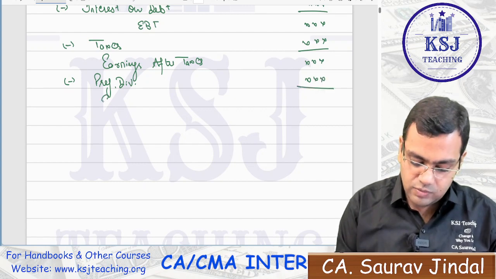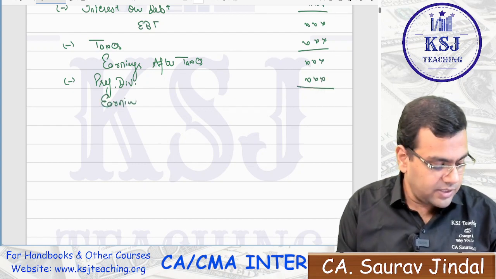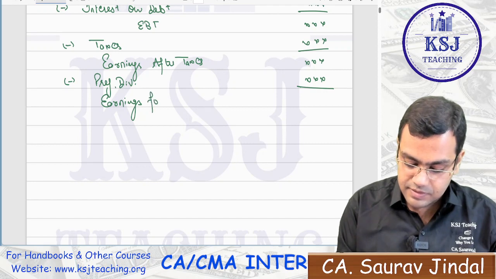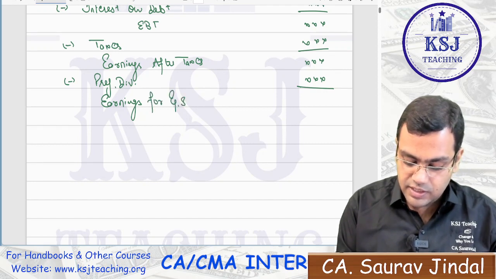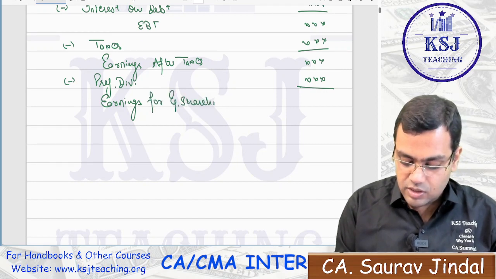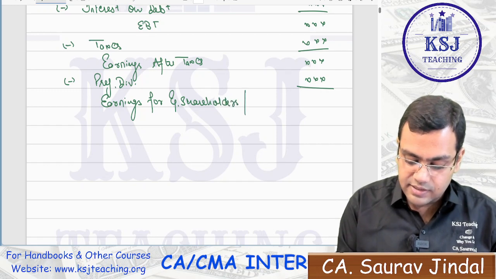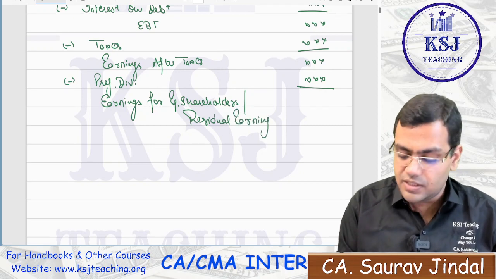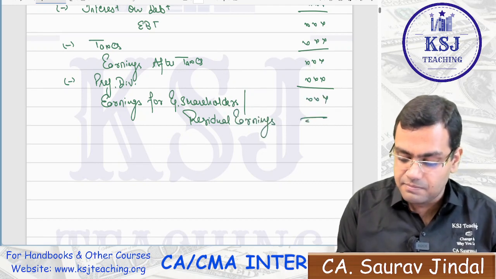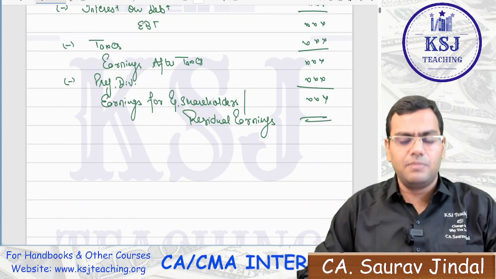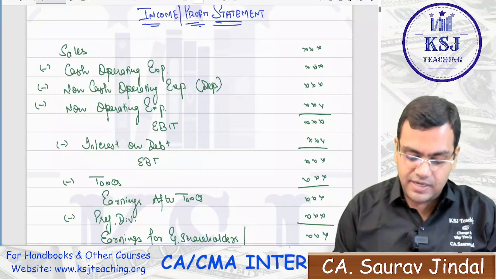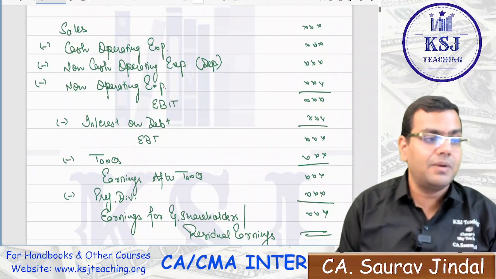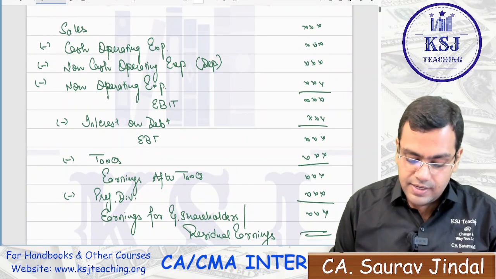So here, what will be left is earnings for equity shareholders, which is also known as residual earnings. And this income statement is going to be used at many places, not just this one. In the whole financial management, this income statement or the profit statement plays a significant role.